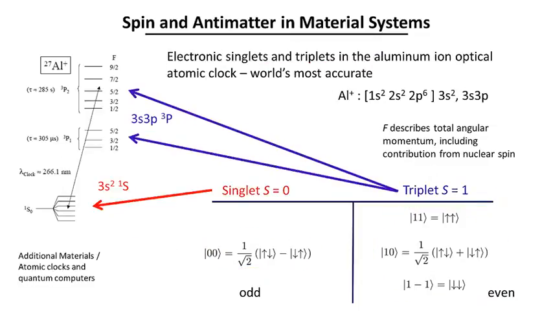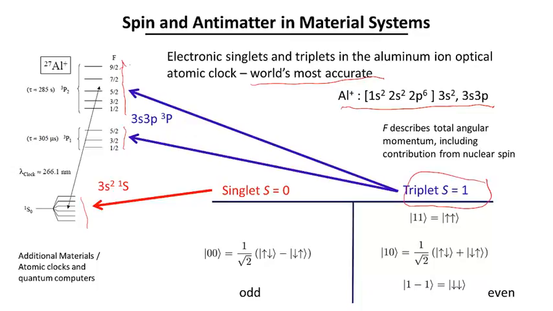For example, let's have a look at a topic of recent interest: the world's most accurate clock. I think that's changed slightly. It's still among the world's most accurate. This is the aluminum-ion logic-enabled atomic clock developed by David Wineland's group in Boulder. Here are the various energy levels that are involved in the operation of this clock. The group in blue are spin triplets.